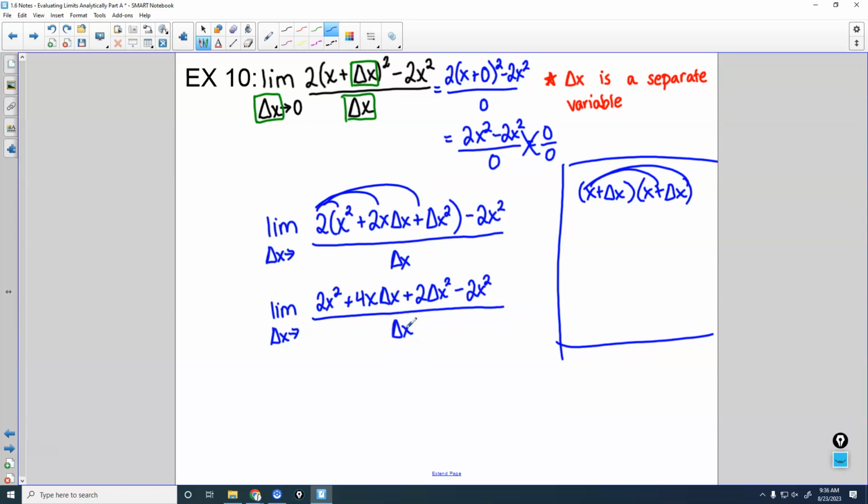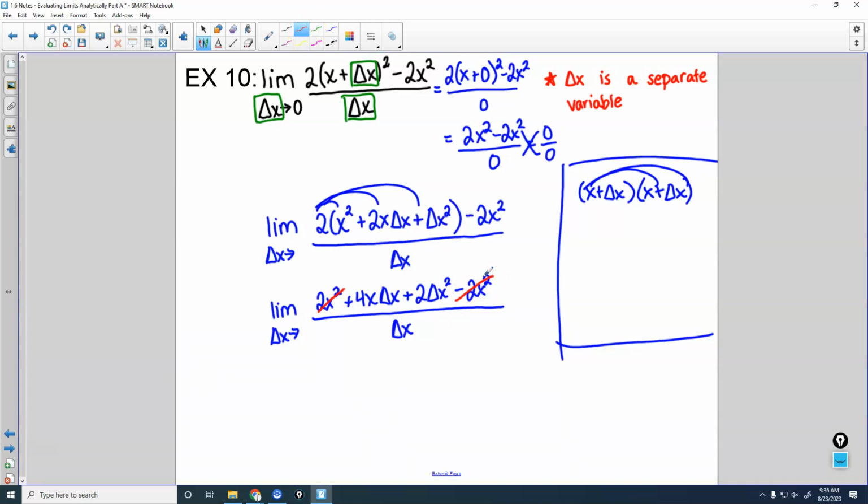All right. Can I just start marking out delta x's now? I cannot. Still plus and minus signs all over the place. Stuff is not multiplied, right? Do you see anything that could happen here? The 2x squared and the negative 2x squared, when we combine those, they are 0, so they go away.